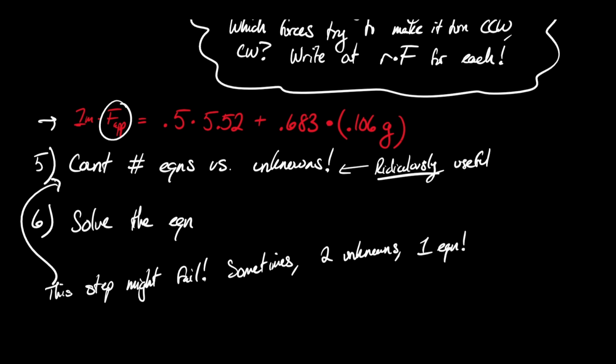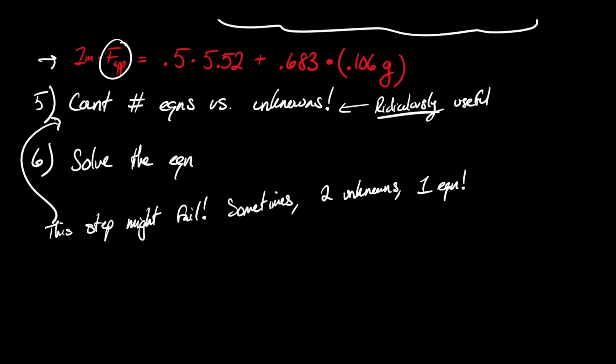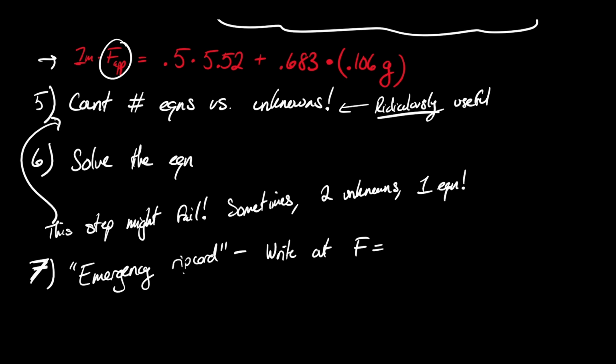So the question is, when you run into this situation, and I'll show you how you can run into it without making any mistakes, what's your other equation? So I'll put this as step 7. And I call this step the emergency ripcord. You're going to write out F equals ma to get your second equation.